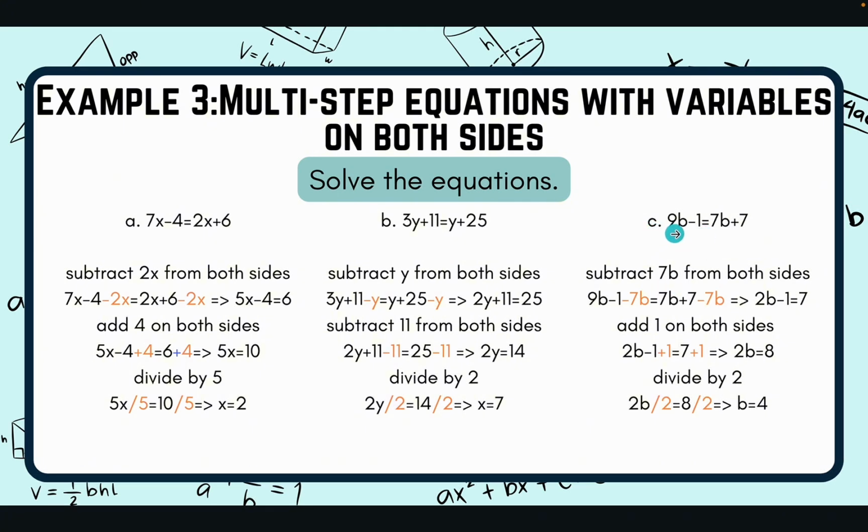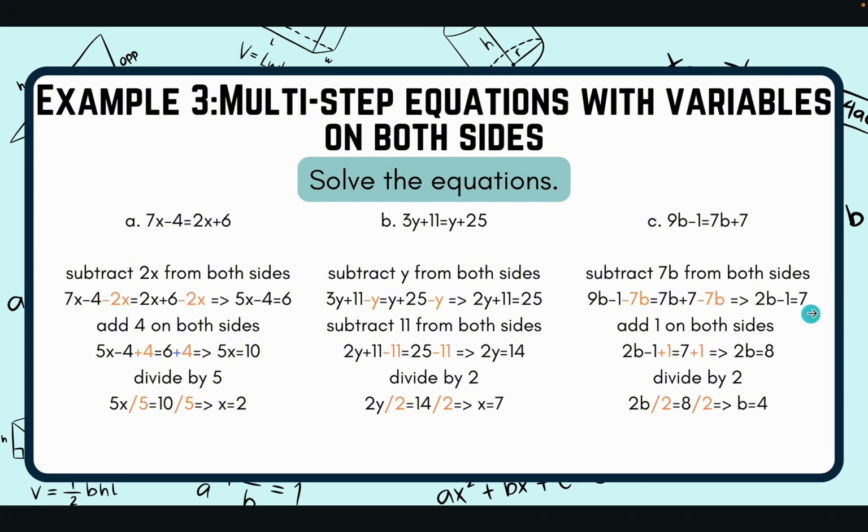For C, it's 9b minus 1 equals 7b plus 7. You subtract 7b from both sides. Remember, there's a plus here, so it's plus 7b, and what you have to do is minus 7b. So 9b minus 1 minus 7b equals 7b plus 7 minus 7b. And that becomes 2b minus 1 equals 7.